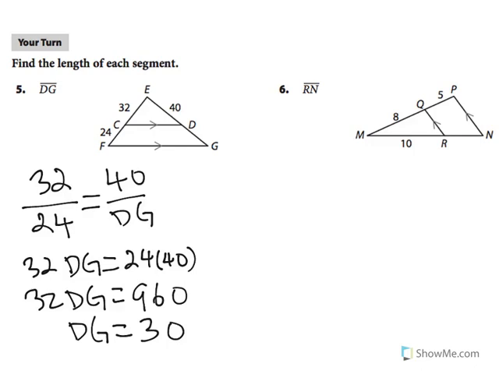Okay, so DG is 30. Okay, for number 6, similarly, these two are parallel, so we can use our proportion. We'll say 10 over RN.